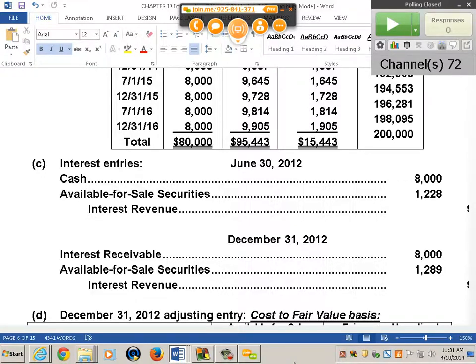You wait till the end of the year and then adjust it accordingly for whatever's left in the portfolio. Now, I'm going to show you a sale where this is the only security in the portfolio. In reality, I'll leave the multi-security version for you to work through on your own, just so you have an idea. The basic principles will not change, except that at the end of the year you would have to make adjustments, just like you do with a bad debt allowance.